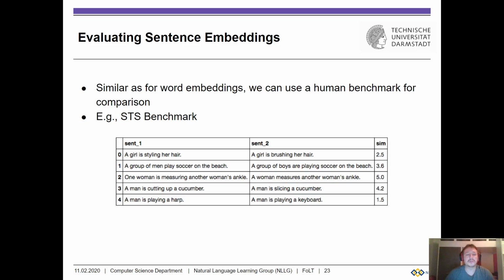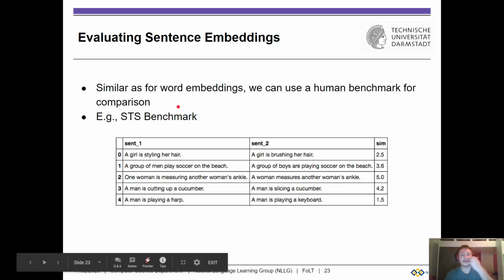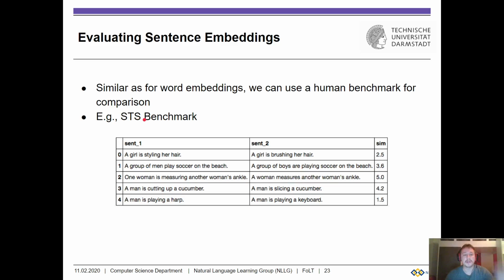Then once we have sentence representations, we are faced with the same question, namely how do we evaluate the quality of our sentence embeddings once we have some techniques such as average or SentenceBERT? How do we measure how good it actually is? We again would use a human benchmark for comparison, such as the STS benchmark, where STS stands for Semantic Textual Similarity. And here there are two sentences rather than two words, such as "a girl is styling her hair" and "a girl is brushing her hair," and then again we have a human similarity, which is the result of the average of many human semantic similarity scores between those two sentences.